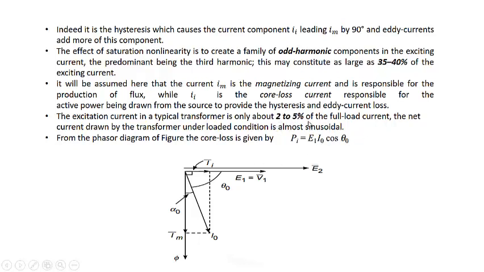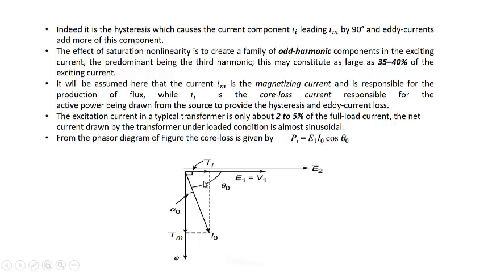So practically it is almost negligible, so we don't consider it. But the effect of this odd harmonic and the effect of the saturation, which results in the harmonics present in the system, we will discuss in the chapter coming ahead.